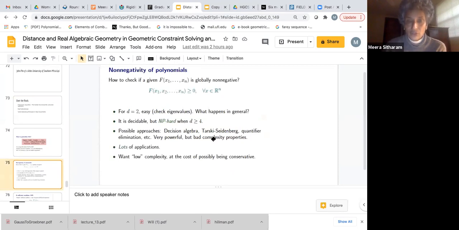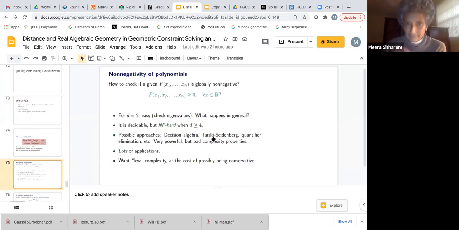One of the things you might expect when trying to find real solutions is discriminants. If you have a single univariate quadratic, to check whether it has a real solution, you have a discriminant polynomial in the coefficients of the original polynomial, and you check whether that's non-negative.